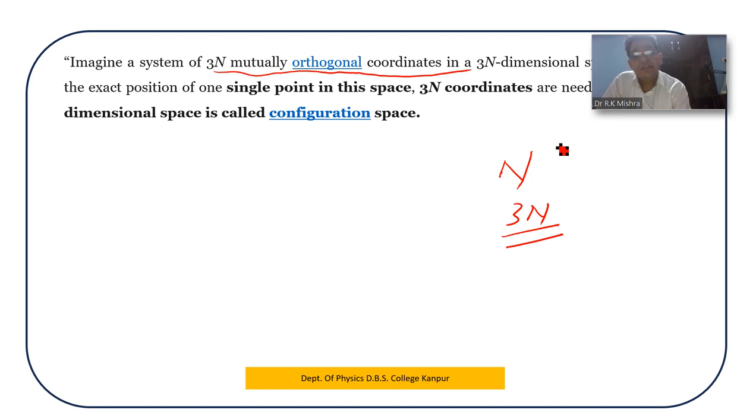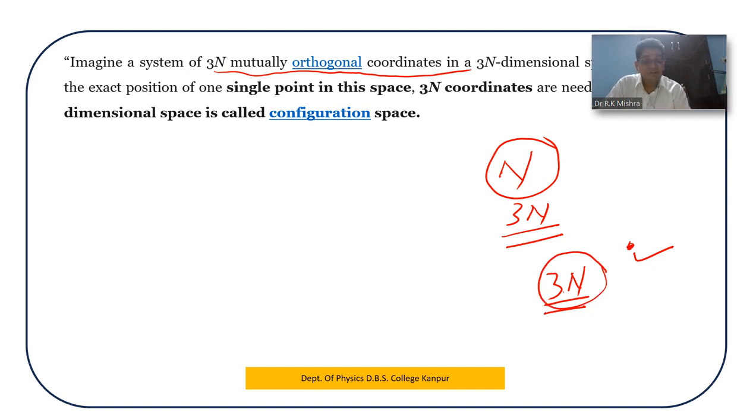But if the n particle system is assumed to be a single particle, then 3n dimensional space is required for their configuration. Such 3n-dimensional space is called configuration space.